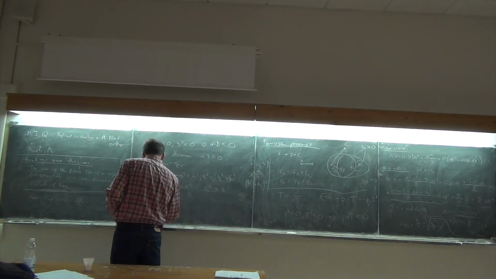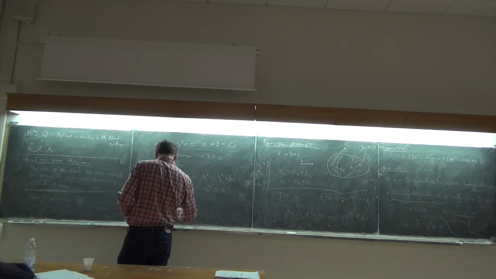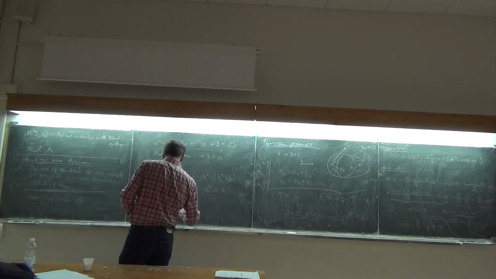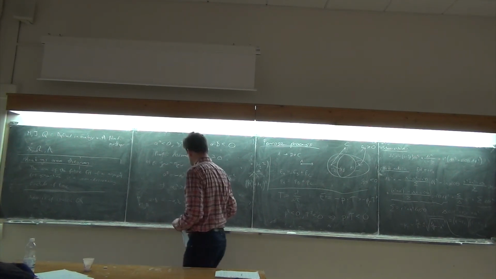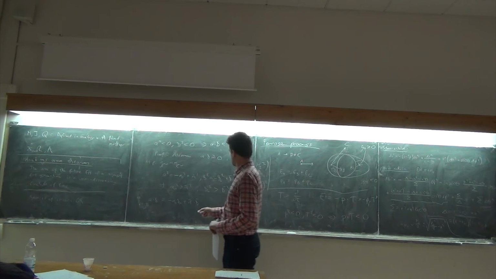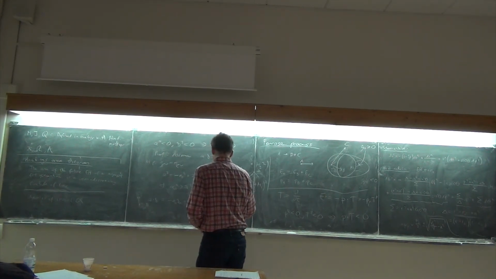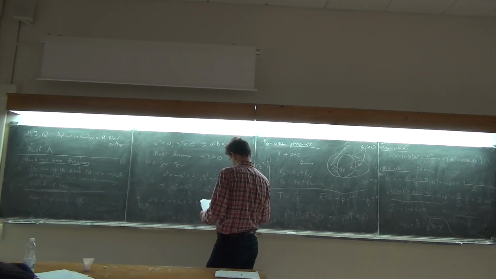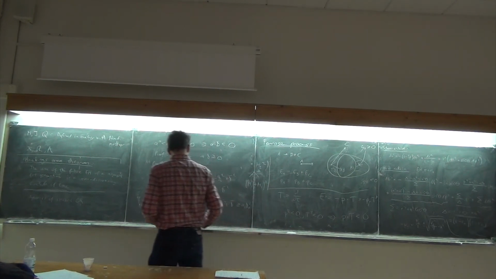Then you can also look at A dot B. So this is equal to A0 B0 plus A vector dot B vector, right? So I assume that this is greater than or equal to 0. So this means that A vector dot B vector is greater than or equal to A0 B0, right?